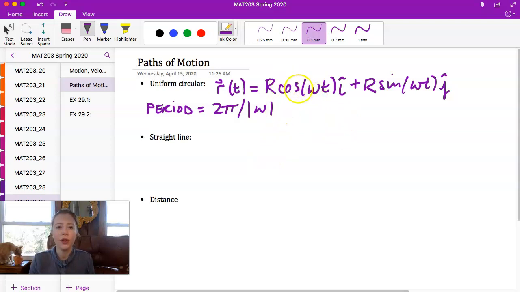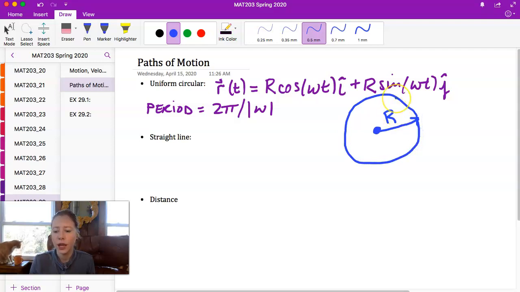So we're looking at uniform circular motion for a circle with radius r. Okay, so this is going to be radius r. And we have uniform circular motion, so a circle.